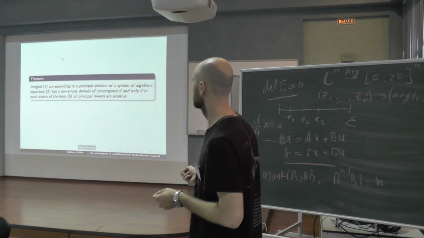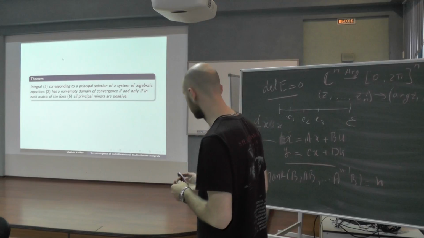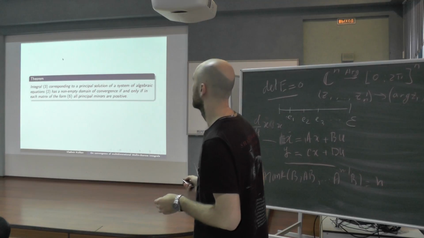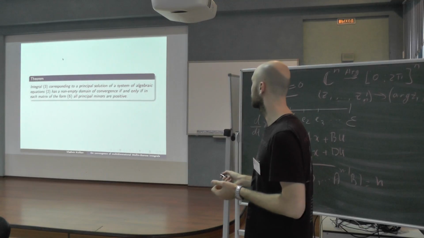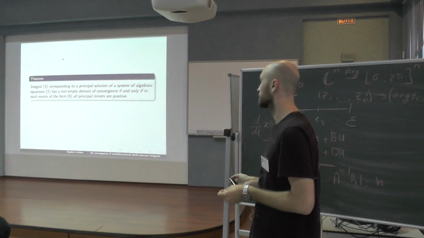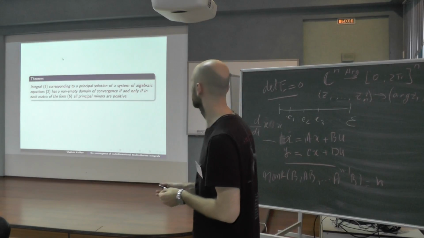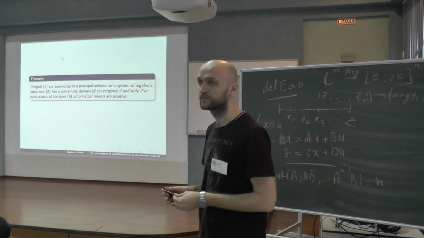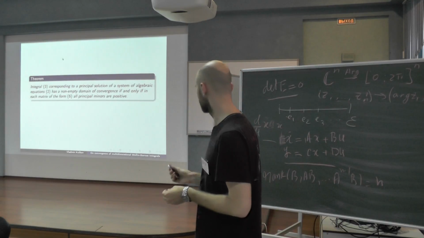In these terms, we can formulate this theorem. Integral 3 corresponding to a principal solution of a system of algebraic equations 2 has a non-empty domain of convergence if and only if in each matrix of the form 6 all principal minors are positive.